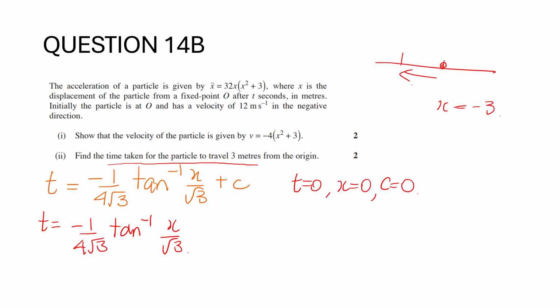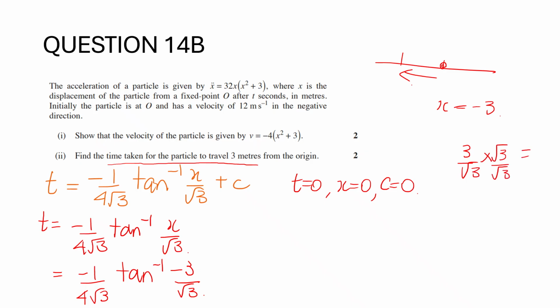I reckon that's a mistake a lot of people made. Negative 1 on 4 root 3 inverse tan of negative 3 on root 3. Okay, 3 on root 3 is root 3. So this is equal to negative 1 on 4 root 3 inverse tan of negative root 3.